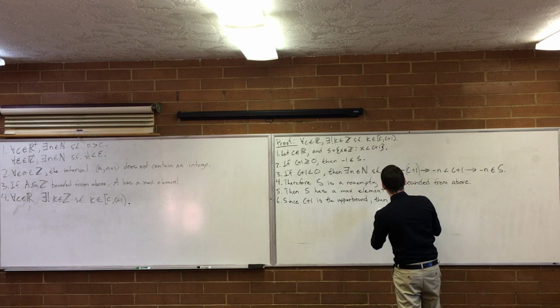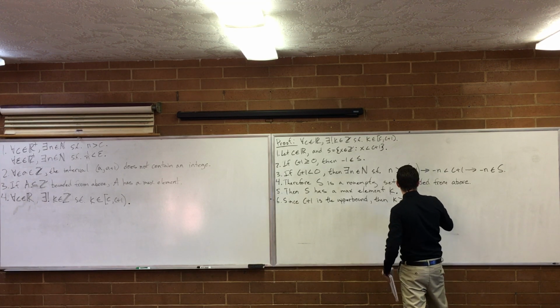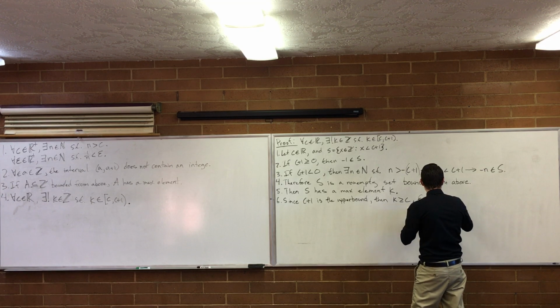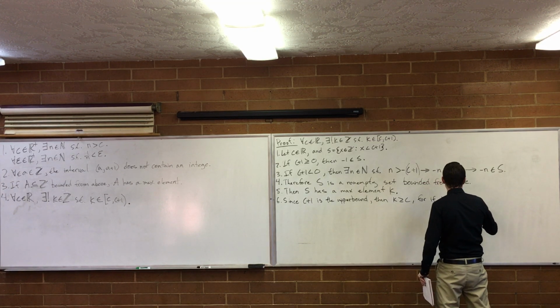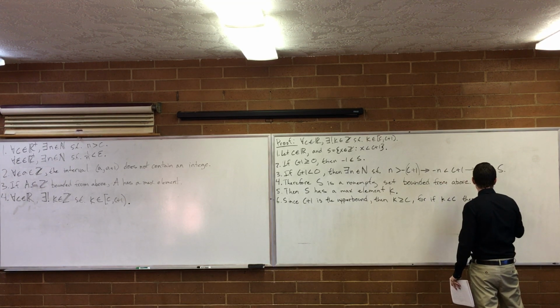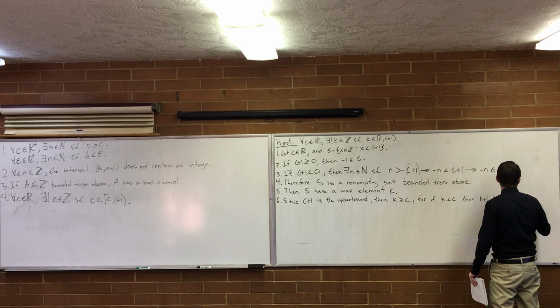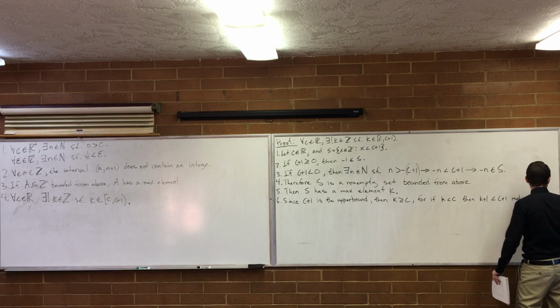Since that, then k is greater than or equal to c, for if k was less than c, then k plus 1 would be less than c plus 1, making k plus 1 the max.